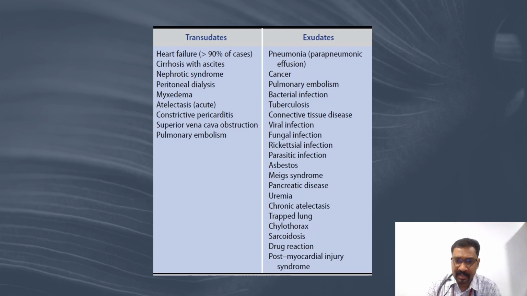Drug reactions as well as post-myocardial injury also come under exudative pleural effusion. A noteworthy thing is that all the other organ failures cause a transudative pleural effusion except for uremia. Uremia actually causes an exudative pleural effusion. Another important thing is pulmonary embolism can be either transudative or exudative or even blood tinged fluids.